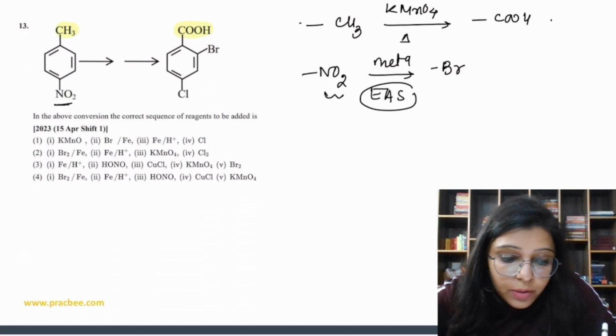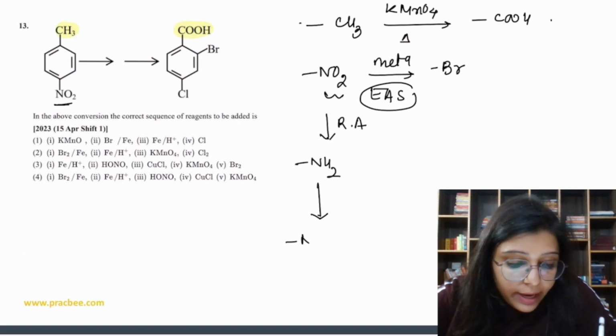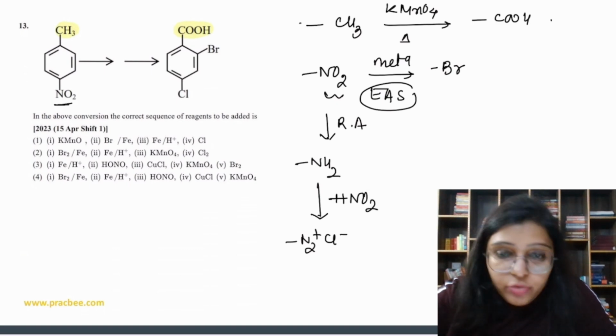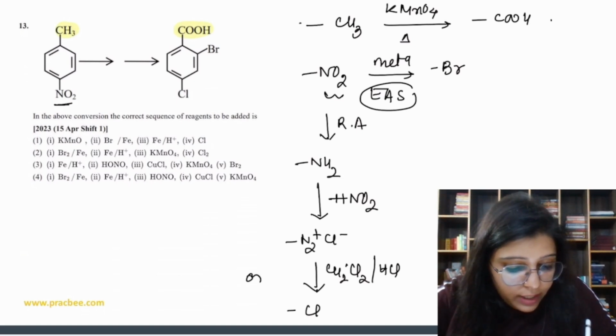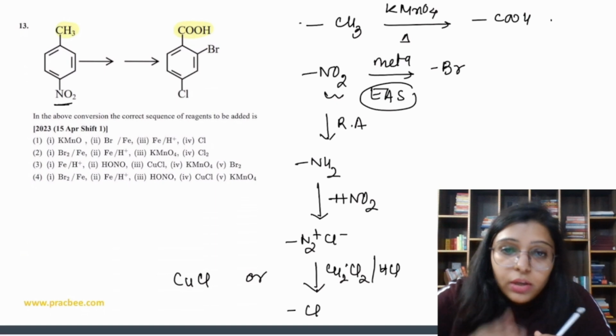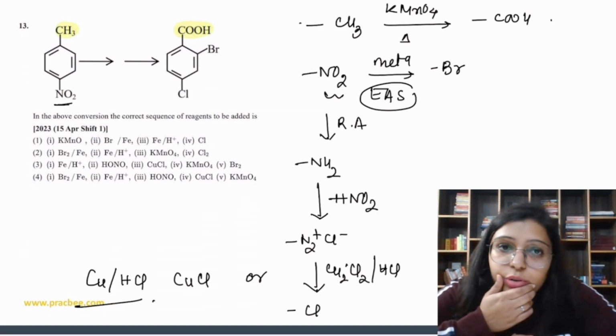Then the NO2 group must be reduced to NH2. So for that we require a reducing agent. Then NH2 must be converted to N2+ Cl-, that is in the presence of HNO2 at 0 to 5 degrees Celsius, and then N2+ Cl- must be converted to Cl. So for that we can use Cu2Cl2/HCl, or we can simply use CuCl also, right? So we have to find out the correct answer.